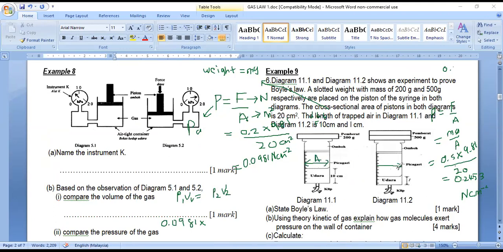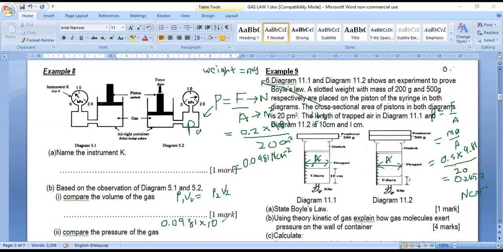The cross-sectional area is the same, so in terms of volume, it depends only on the length. It doesn't depend on the area in this case because the area is constant, so they cancel off each other. So you just take the length, 10.